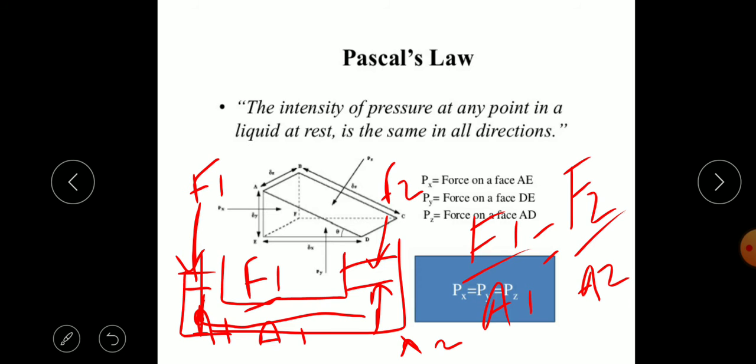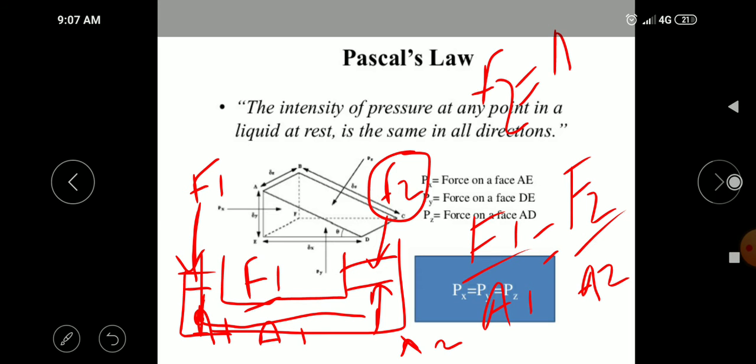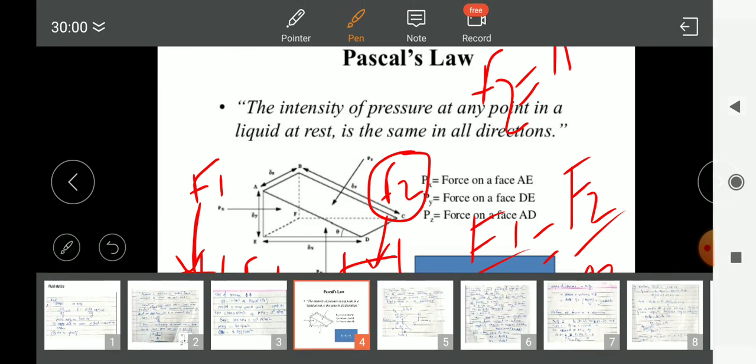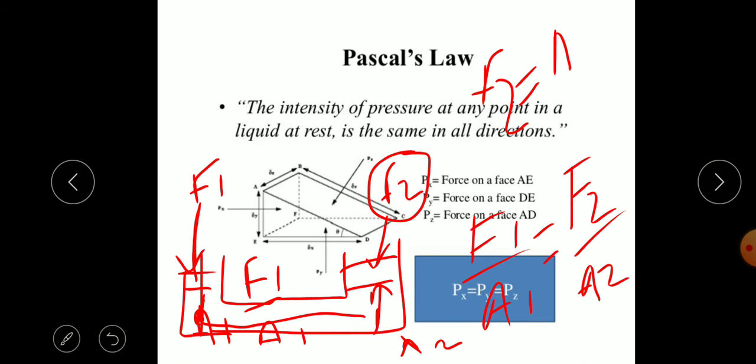The force F2 on the large cylinder can be calculated as F2 is equal to A2 by A1 into F1. A2 is large as compared to A1, where the small cylinder is A1 and the large cylinder is A2. So F2 force will be more.